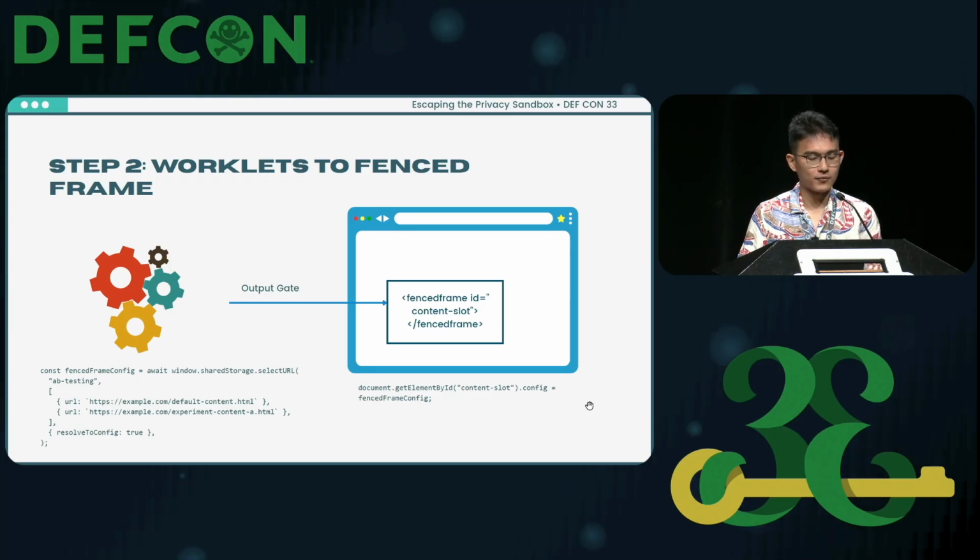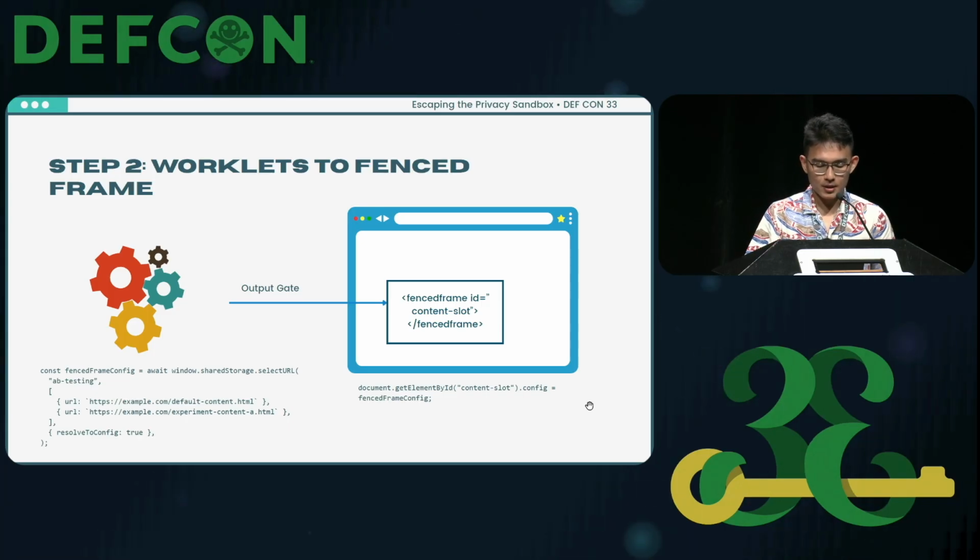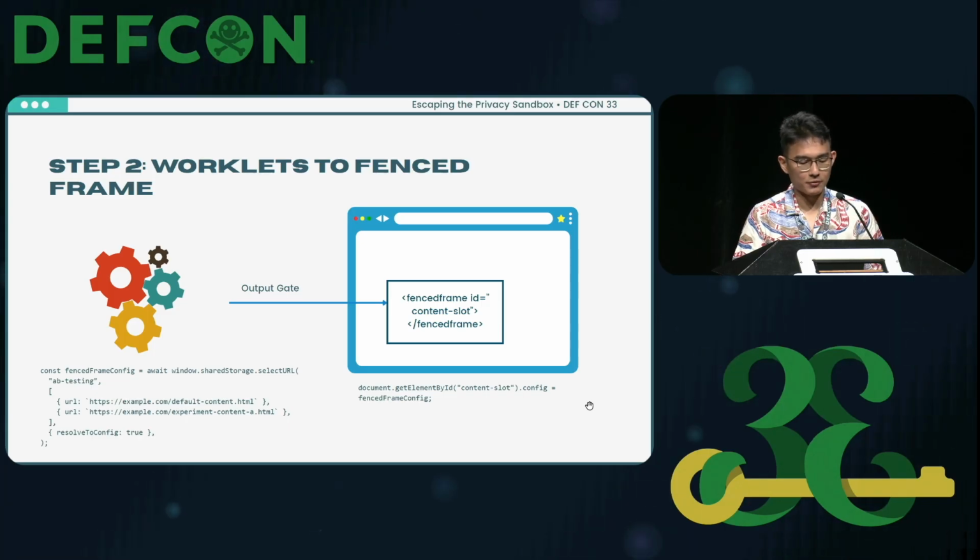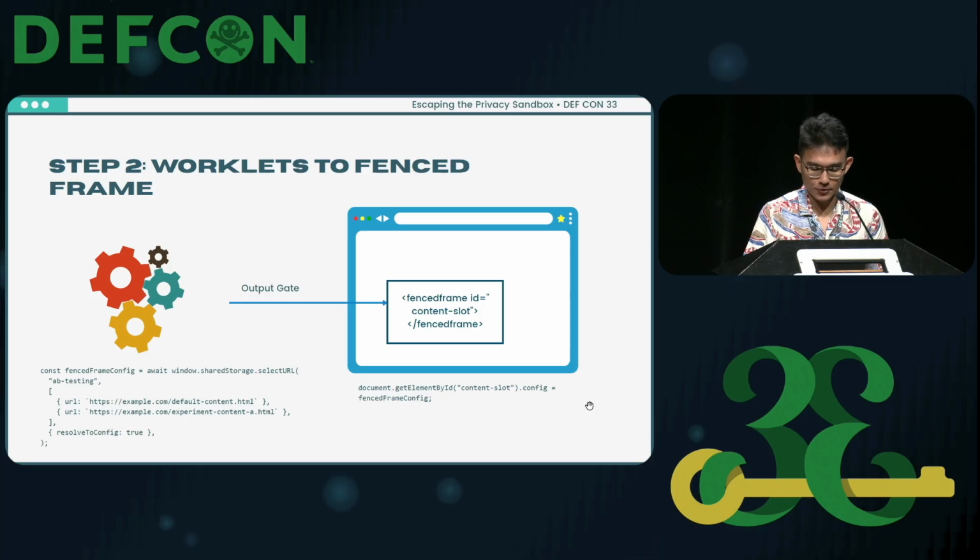And the output of that function is the only thing that comes out of it. You never really access that data directly. So this is called an output gate in Privacy Sandbox API terminology.